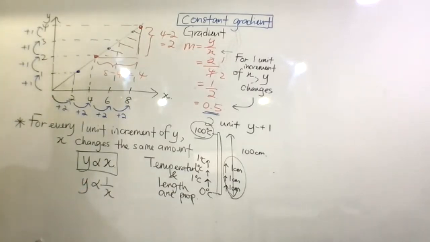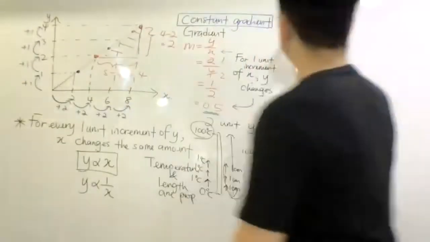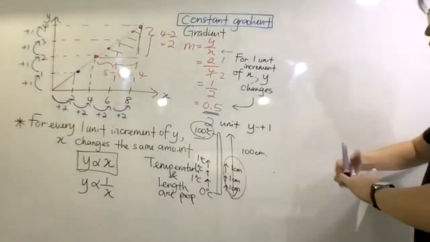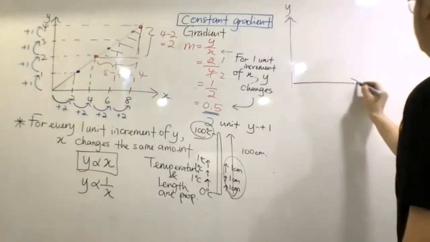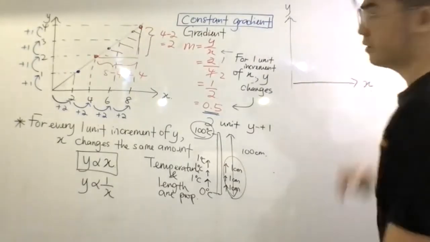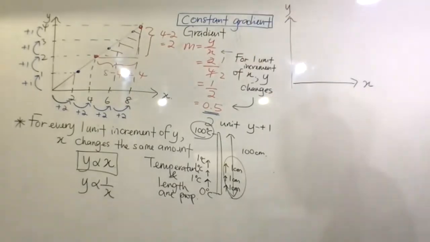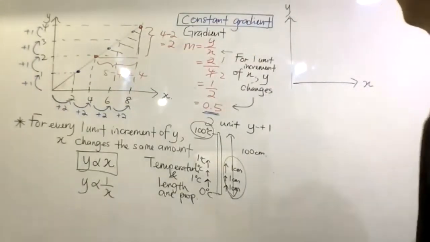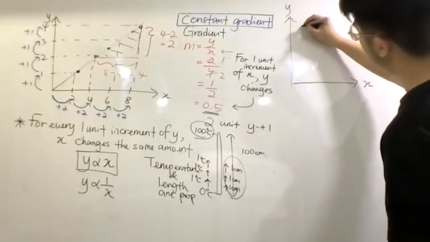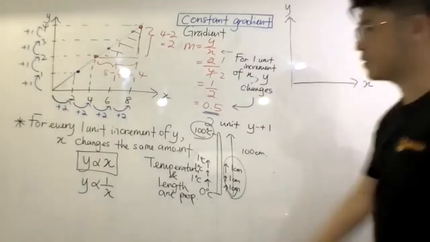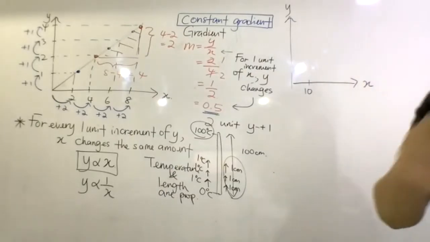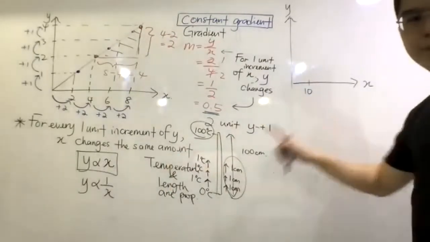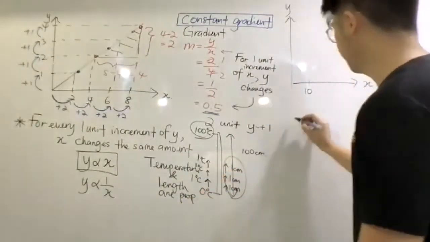So if I plot the graph of y against x, what do you get? Here, you will get an inversely proportional graph. How does inversely proportional look like? It's a curve, huh? It's a curve down like this. Because you can see here, let's say when x is 10, what is your value of y?